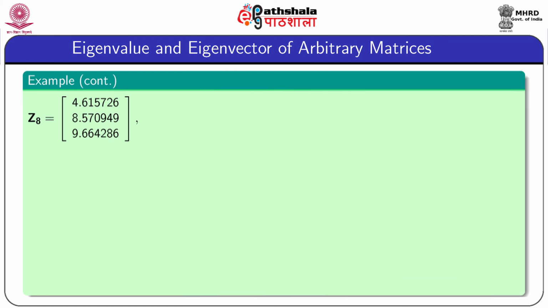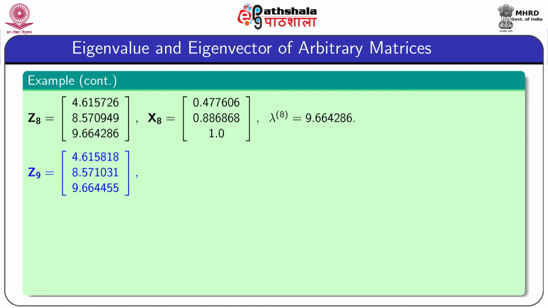The 8th intermediate vector is this one, the corresponding eigenvector x8 is this one, and the 8th approximate eigenvalue is 9.664286. The 9th approximate intermediate vector is this one, the 9th approximate eigenvector x9 is this one, and the corresponding eigenvalue is 9.664465.